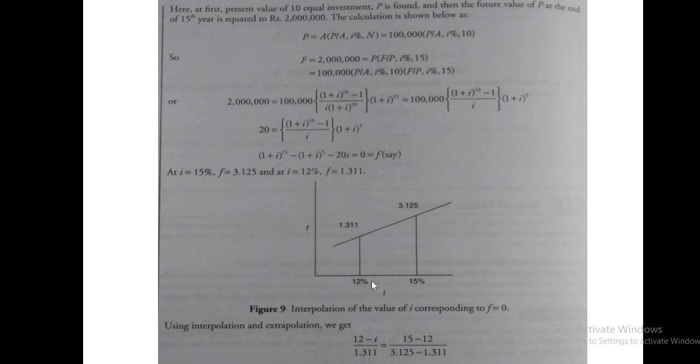So 12 minus I, divided by, again for the 12, that f value is 1.311, and for that particular I, that f value is 0. So 1.311 minus 0, that will become 1.311, is equal to 15 minus 12, divided by the f values at 15 and 12, so 3.125 minus 1.311.